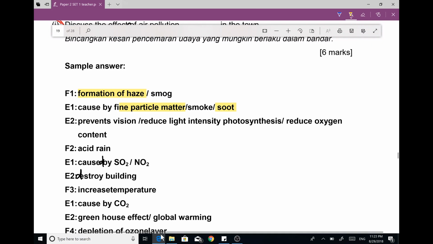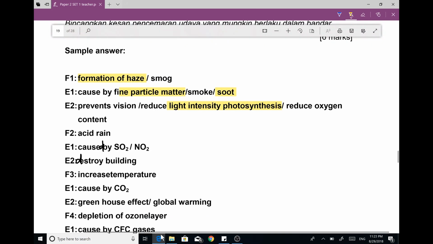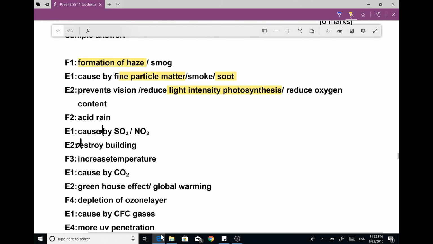It is going to reduce the rate of photosynthesis. And then the second fact is about the formation of acid rain due to SO2 and NO2 emitted by the combustion. And you have to mention the word combustion of fossil fuel.